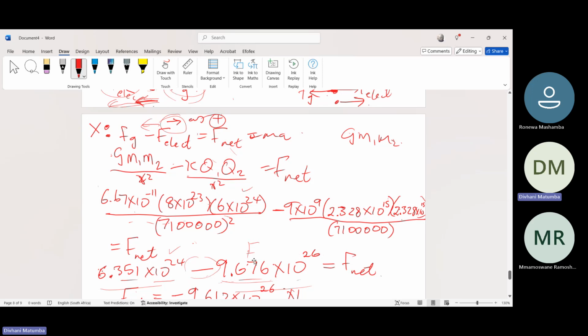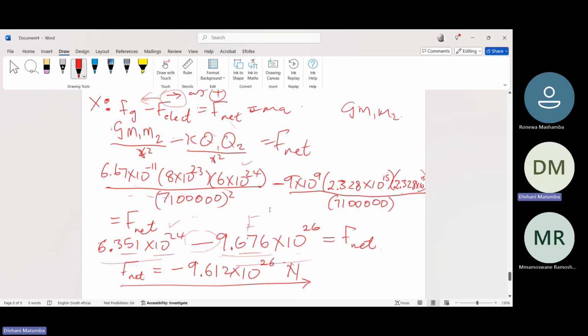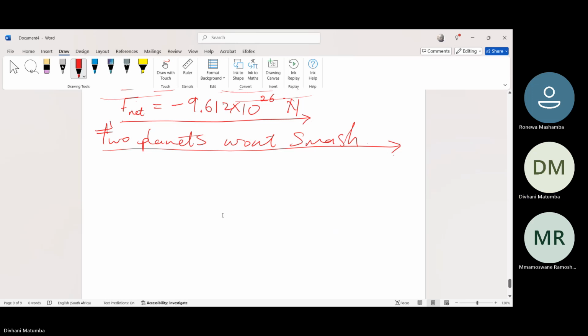Just a quick recap. I just want to do rapid fire questions before you leave. What is the formula for calculating the value of g, the gravitational acceleration, around a planet? Is it GM over R squared?